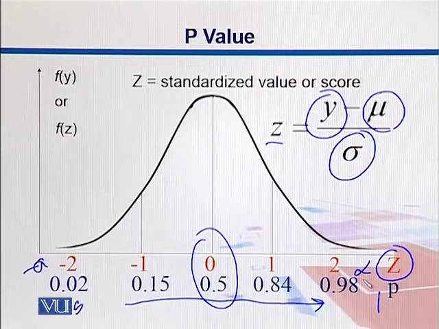So what is a p-value? A p-value is the probability of finding some event or some value under this curve. If we correlate it with the Z score, a Z score of -2 can have a probability of 0.02. So it is present in, we can say, the lower 2%. Anything below a Z score of -2 can be present in this region.